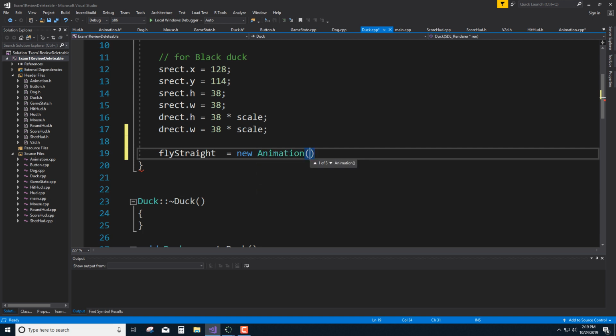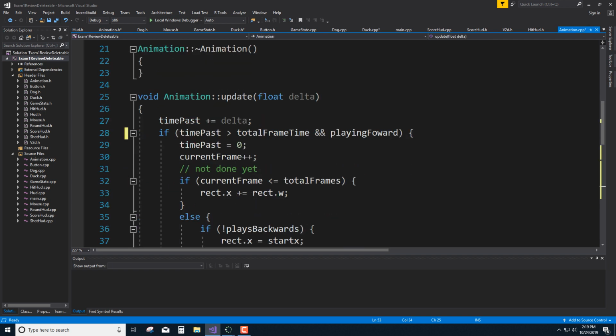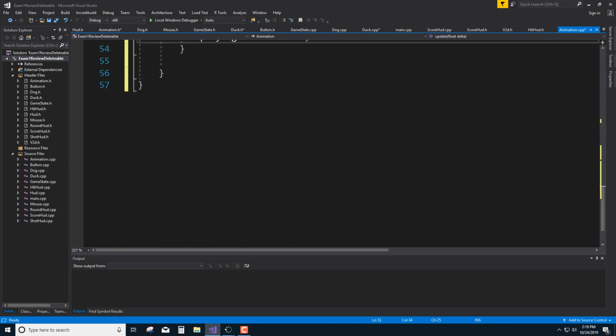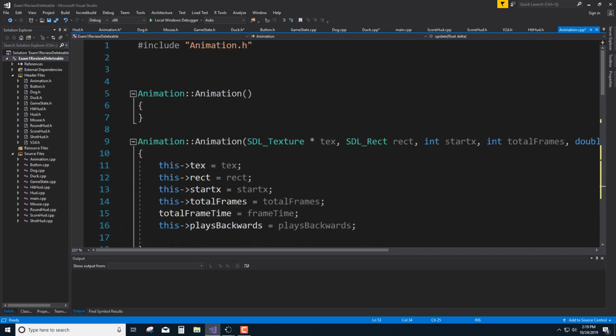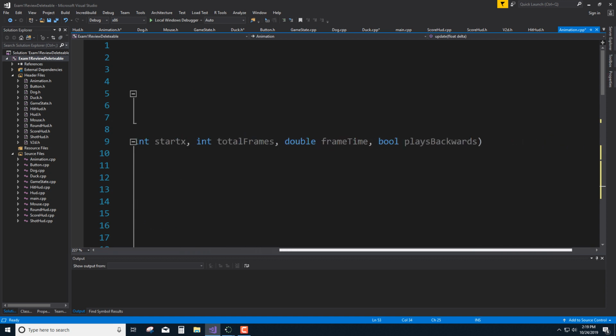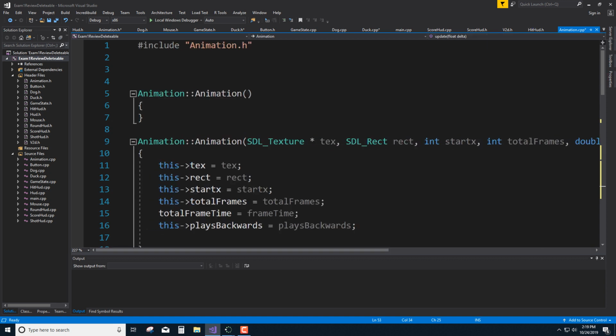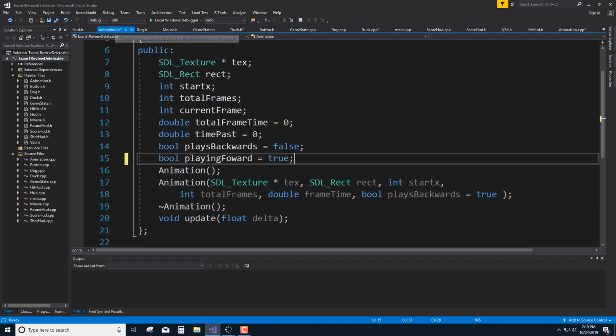And then we have to fill out all of those parameters that we put in there. I wish the IntelliSense would help me out here. I got little arrows that popped up when I type it in.